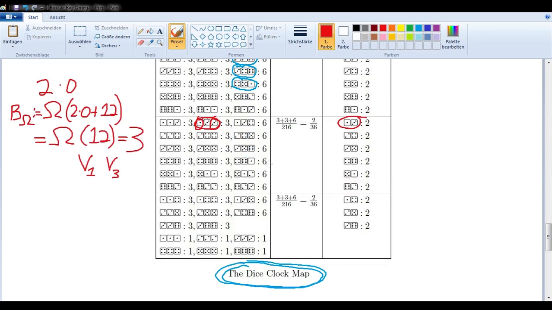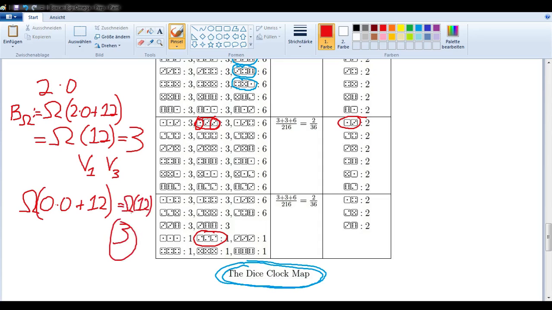Let's do another random example. Let's say we had triple 2. Well, that would mean we had neighbor distances of 0 and 0. Let's put that within big omega. And then we're adding boxcars. And again, we're dealing with big omega of 12, which again is going to give us 3.